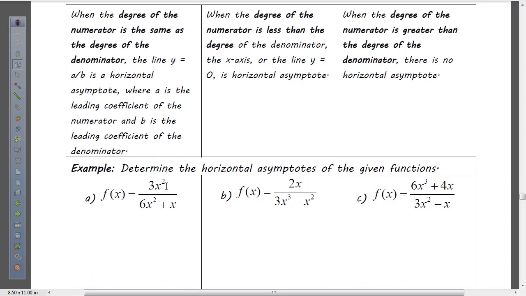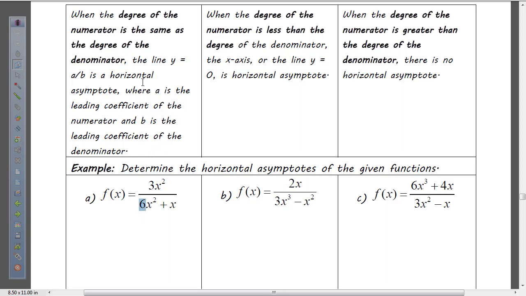The degree of our numerator is 2. The degree, of course, is determined by the highest powered term in that expression. We only have one term here, and it has a power of 2, so the degree of our numerator is 2, and the degree of the denominator is also 2. So the degrees are the same. The leading coefficient of our numerator is 3, and the leading coefficient of our denominator is 6.